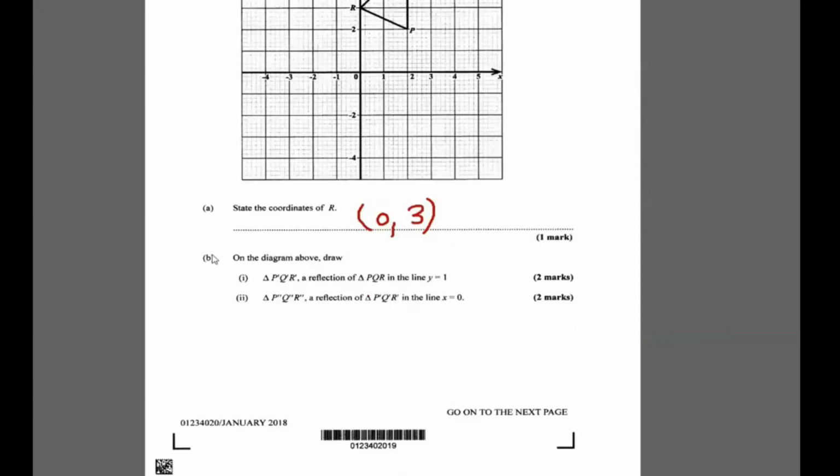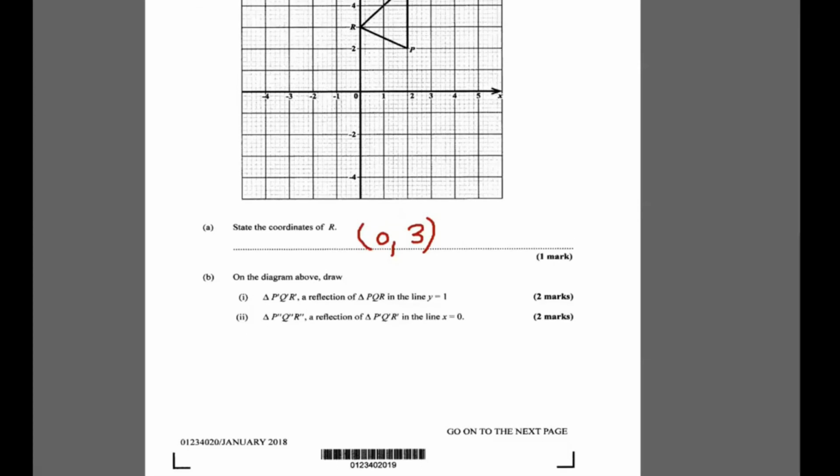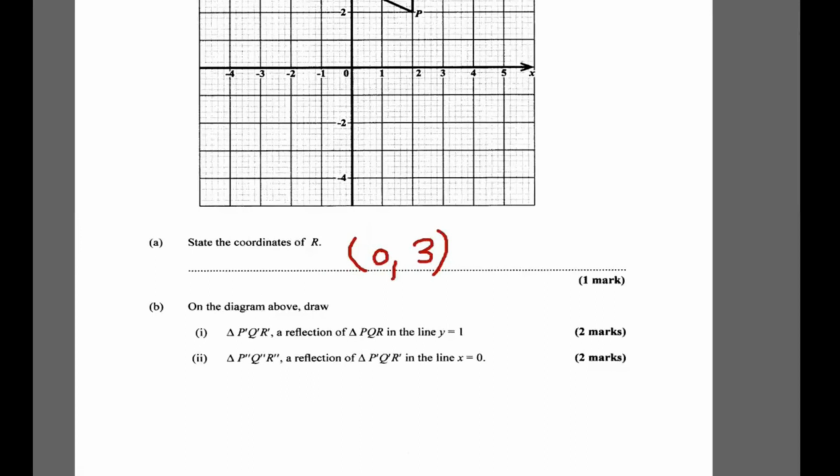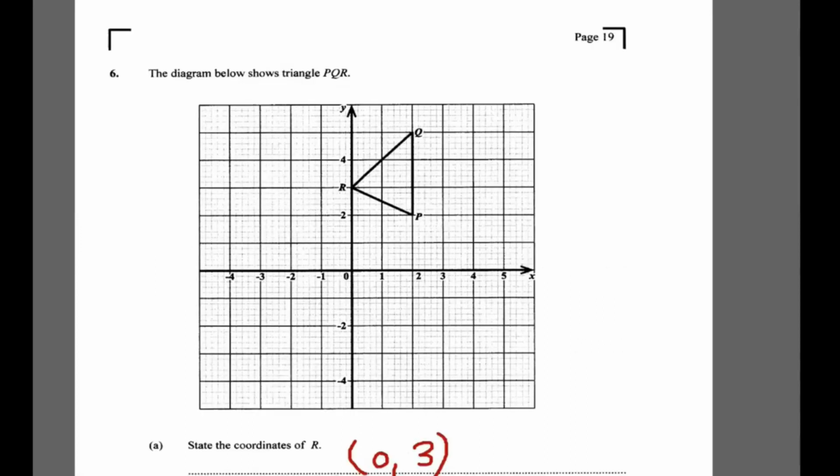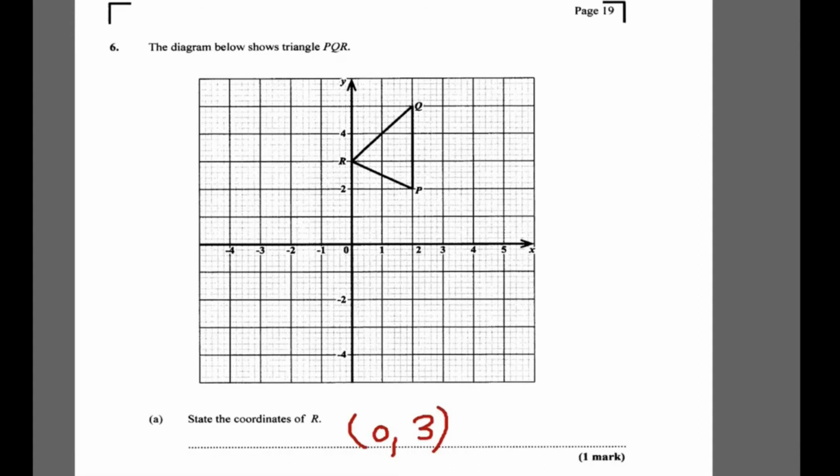On the diagram above, draw a triangle P prime, Q prime, R prime, which is a reflection of triangle PQR in the line Y equals 1. So the first thing I like to draw is the line Y equals 1.